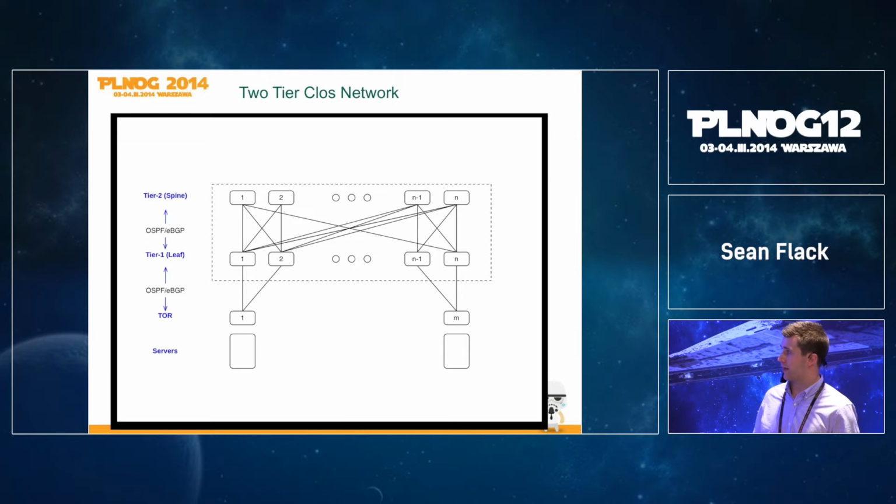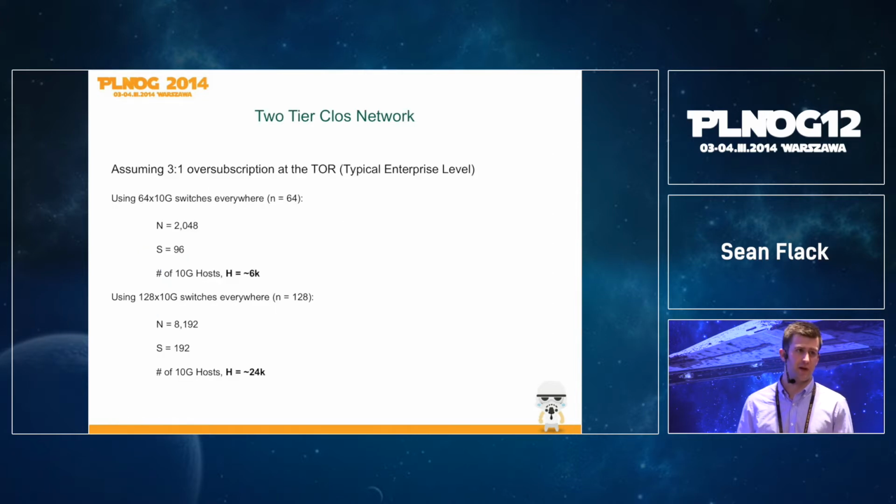From the spine layer and the leaf layer, we can then connect our top of rack switches or our server blade switches. Now, if we assume a 3-to-1 oversubscription ratio at the top of rack, that's the oversubscription from here to the leaf layer. It's a typical enterprise-type oversubscription level.